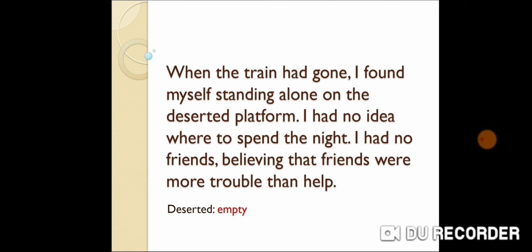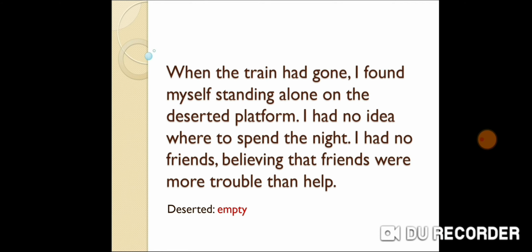Now, see, when the train had already passed away from the platform, he was the only person standing on the deserted platform. What is deserted? Deserted means empty platform. He was not having any idea where to spend that night because he had already left the home where he was living along with Anil.